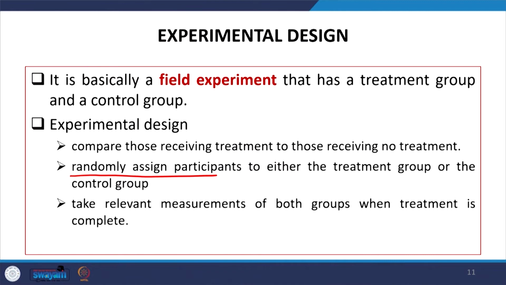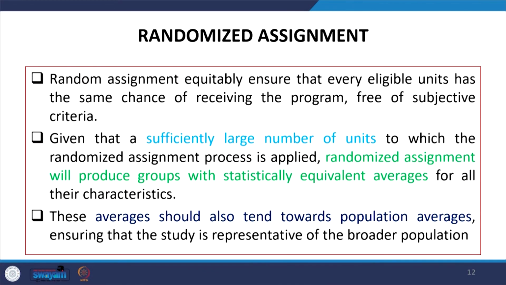We also have to make sure that the observations are randomly assigned in both groups, and we need to take relevant measurements of both groups when the treatment is complete. Then what do we mean by randomized assignment? That is the focus of the RCT design. So randomization is quite important.